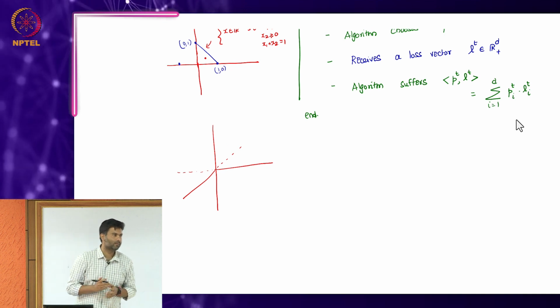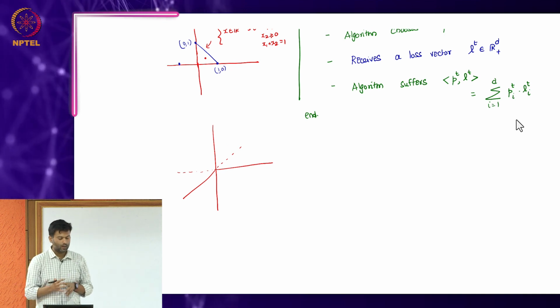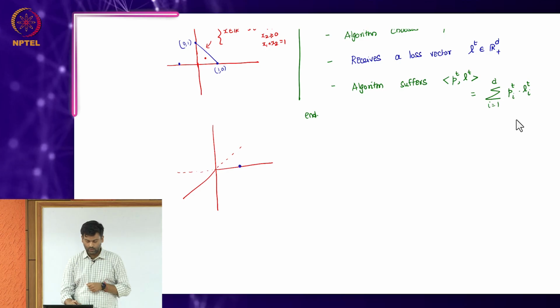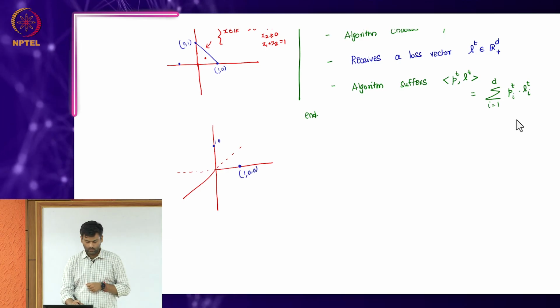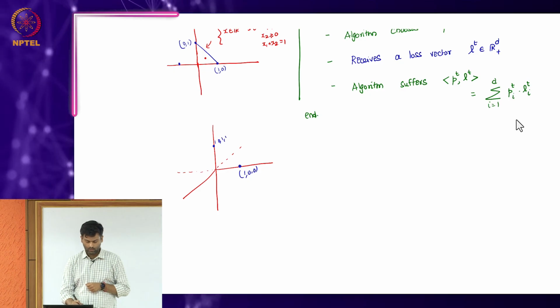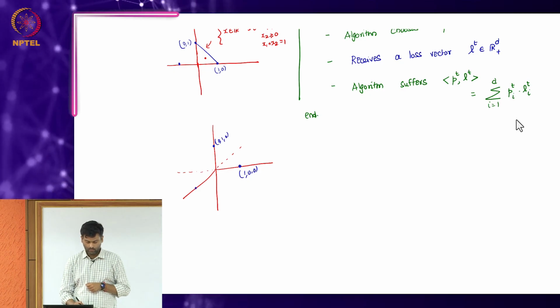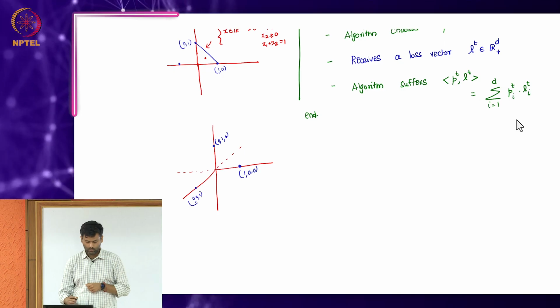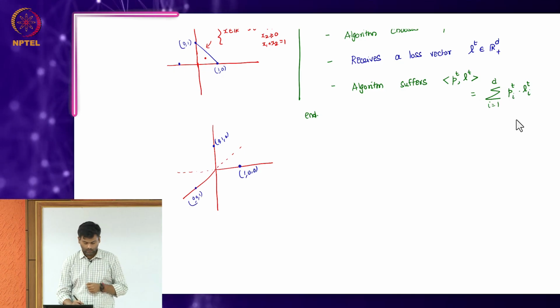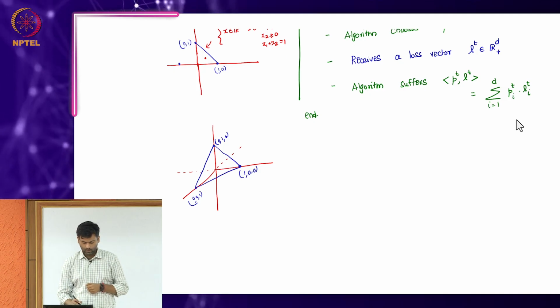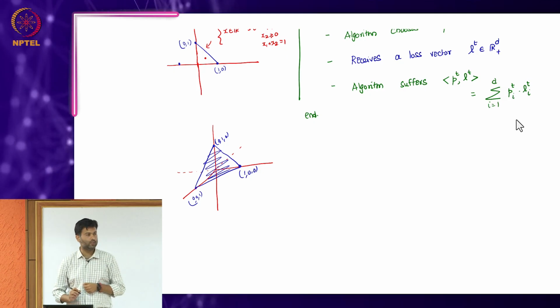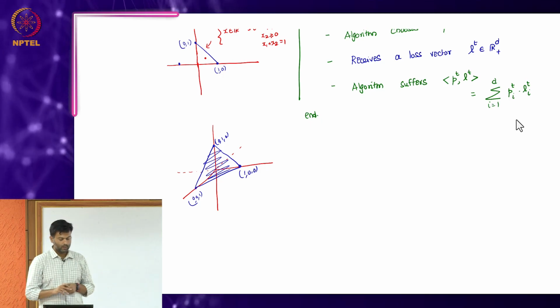Like y is 1 and the rest are 0. X is 1, the rest 0: 1 0 0, 0 1 0, 0 0 1. These 3 are there, and then you can join these lines, and this is the region in the 3-dimensional simplex, right.